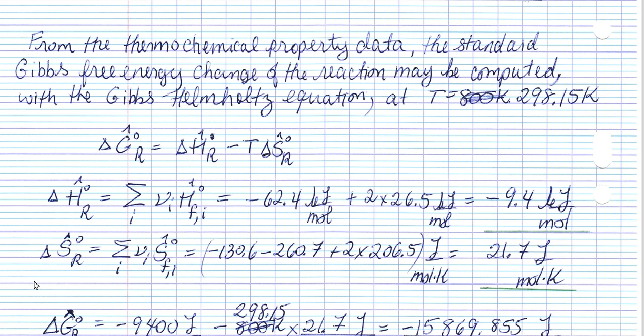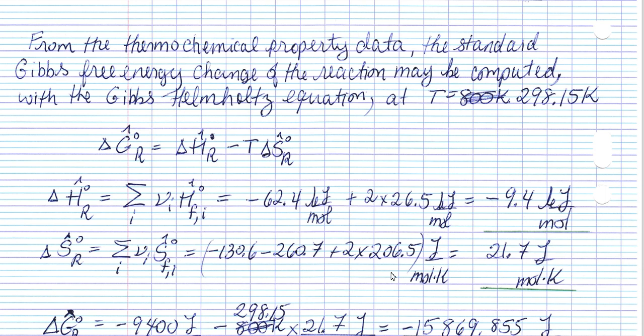Likewise, the standard entropy change of the reaction is equal to the summation over all the species i, nu sub i, times the standard entropies of formation of species i. Again, for H2 nu sub i is -1, for I2 nu sub i is -1, and for HI nu sub i is +2.